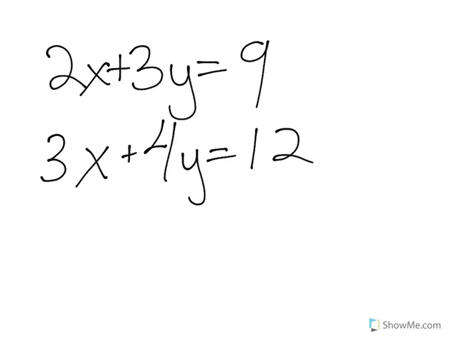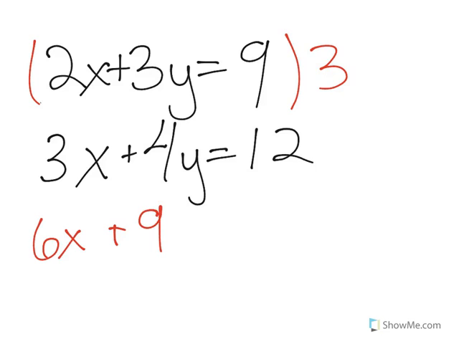In this case, there is no simple number that you can multiply either the top or the bottom equation by in order to cancel one of the variables out. So for example, if we were to multiply the top equation by 3, we would get 6x plus 9y is equal to 27. However, as you can see, we have not canceled anything out.